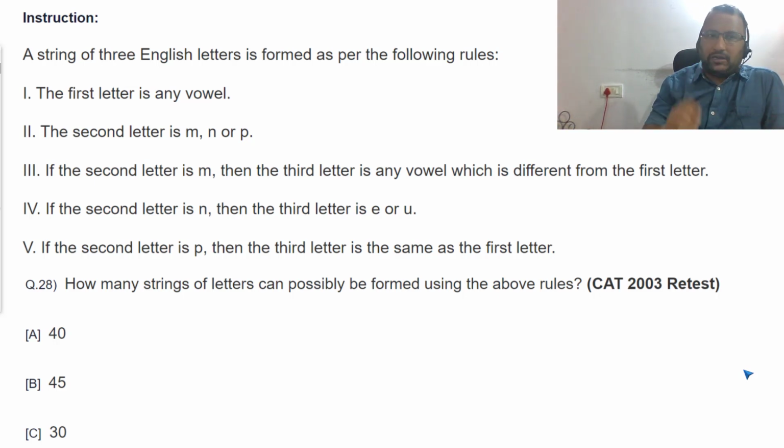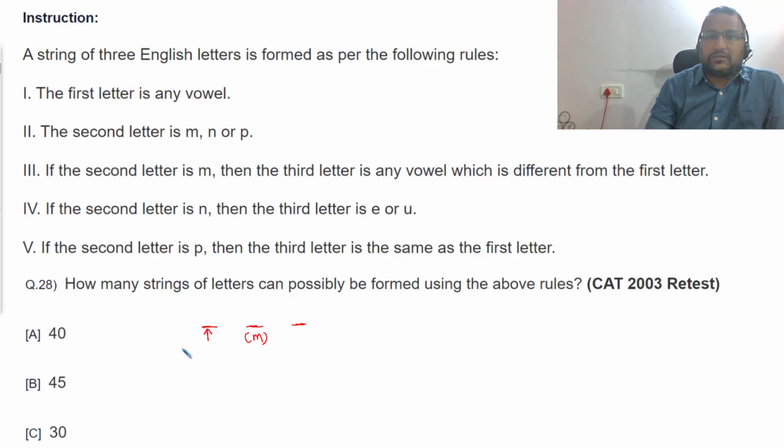So over here what we'll do is, let's make 3 cases. The first case is the second letter is M. What will happen over here? If I fix the second letter as M, the third letter is any vowel which is different than the first letter, everyone.